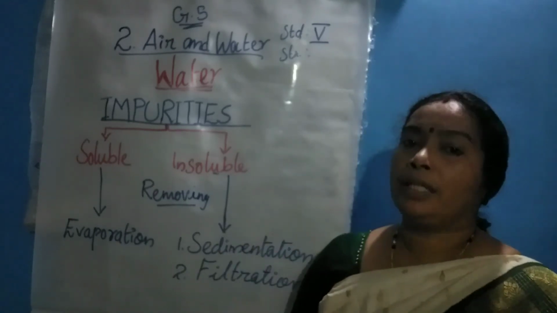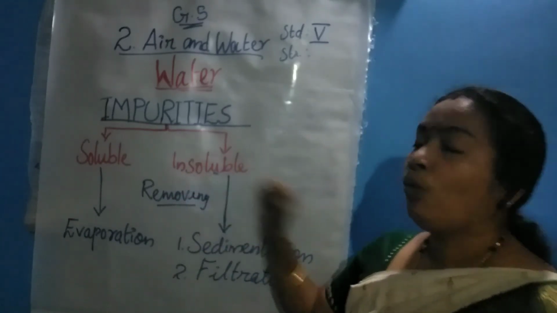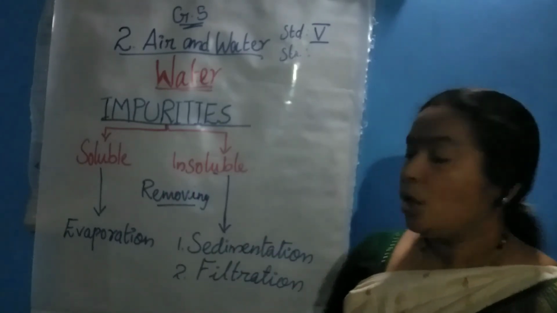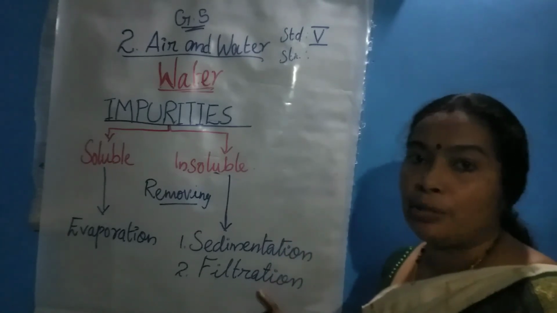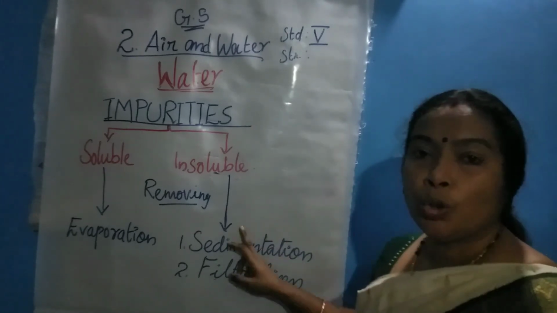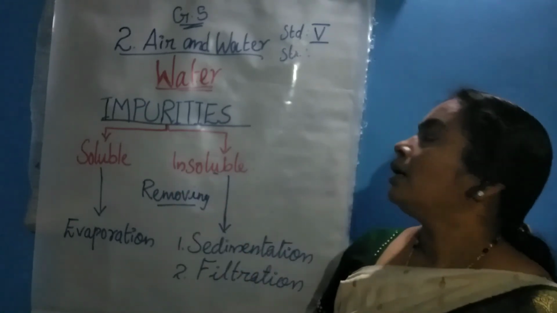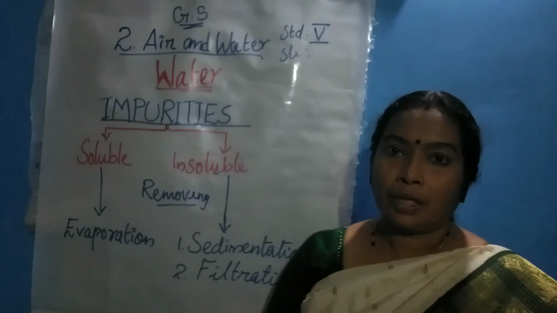So through that we can remove the heavier insoluble impurities. So the weight difference is used in these two processes to remove the insoluble impurities from water. Is it clear?